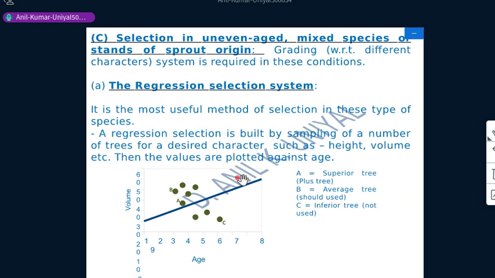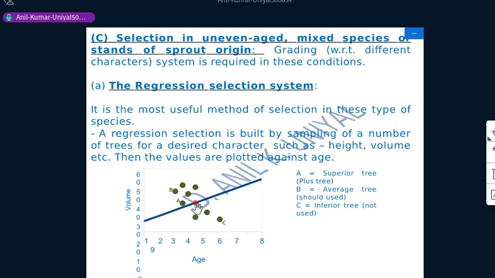A regression selection is built by sampling a number of trees for a desired character, like volume and age as mentioned in this example, and the values are plotted against the age of the tree. Values of volume are plotted here, and the trees that are nearby or in the vicinity of this regression line are considered for selection, and the trees that are far away from the regression line are considered inferior and should not be used for selection.